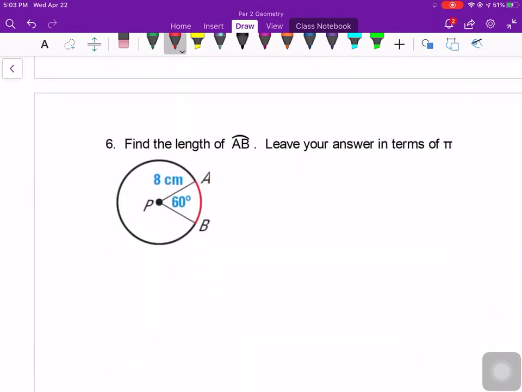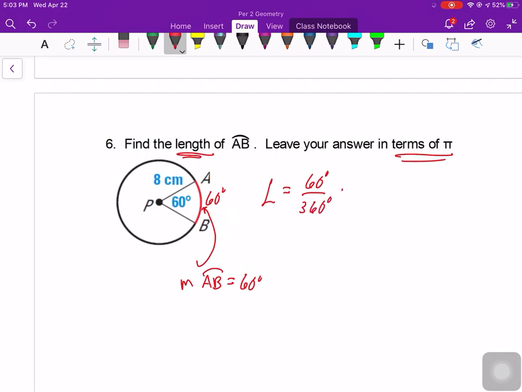So here we're asked to find the arc length. And we're asked to leave our answer in terms of pi. Now, in the chapter we just finished, we learned that the measure of an arc is equal to its central angle. So that would be 60 degrees. That means if I want the arc length from A to B, L, I take the fraction of the circle, which would be 60 degrees out of 360 degrees, times 2 times pi, and they gave us the radius.